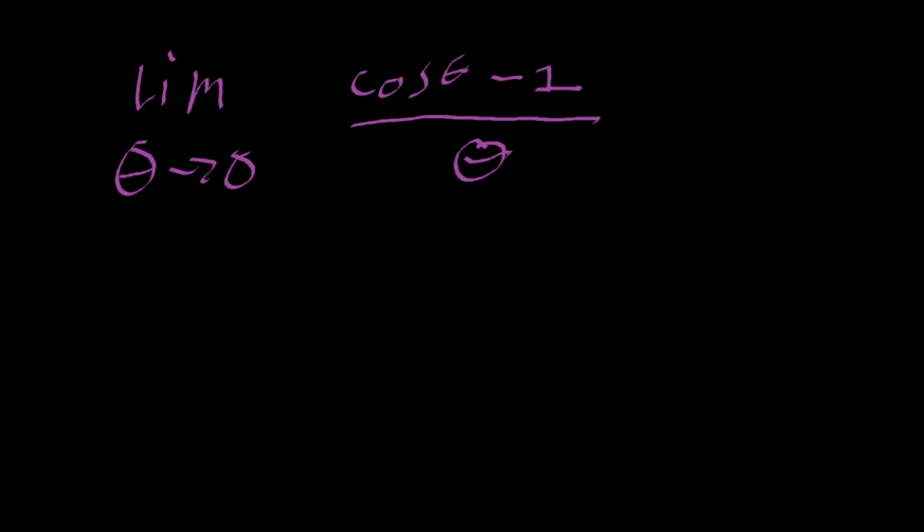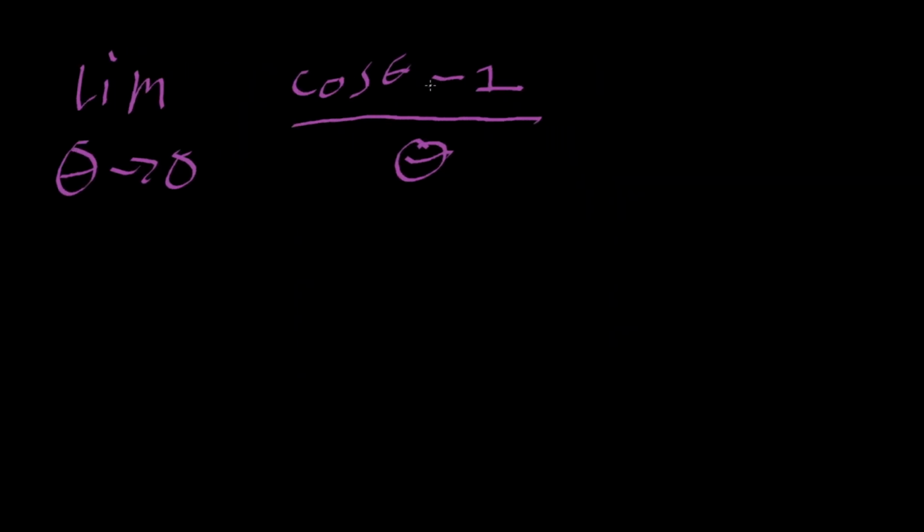And now let's multiply both the numerator and the denominator by the conjugate of the numerator, that is cosine of theta plus 1.